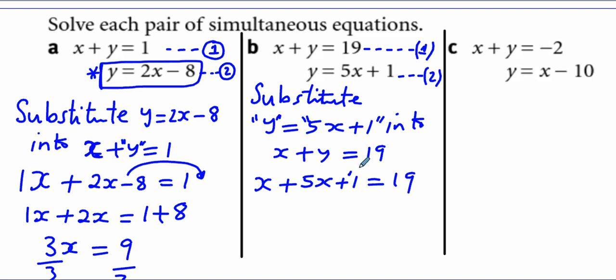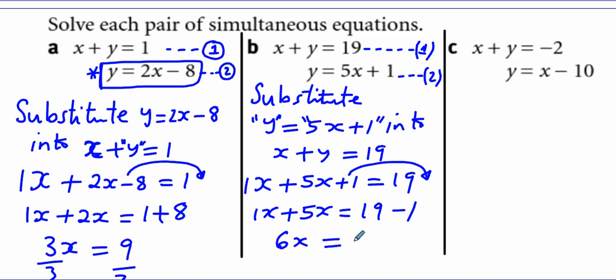Collect like terms. The positive 1 should go to the right hand side, and 1x plus 5x will remain here. This will be equal to 19 minus 1. After collecting like terms, we simplify them. 1x plus 5x is 6x equals 19 minus 1, that is 18.